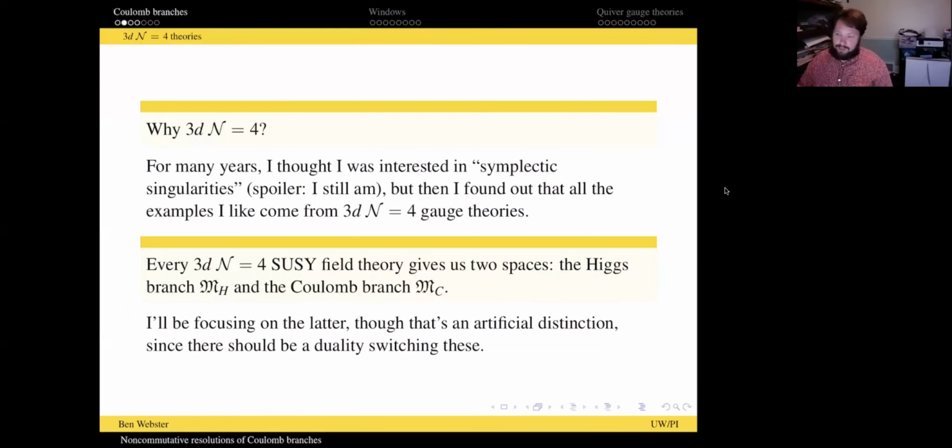So everything that's a Coulomb branch should be a Higgs branch and vice versa. But sometimes it's easy to write down the theory that something is the Coulomb branch of, and very hard to write down the theory that it's the Higgs branch of, or vice versa. And at least in the gauge theory context we understand, you learn very different things about a variety by seeing it as a Coulomb branch compared to seeing it as a Higgs branch.